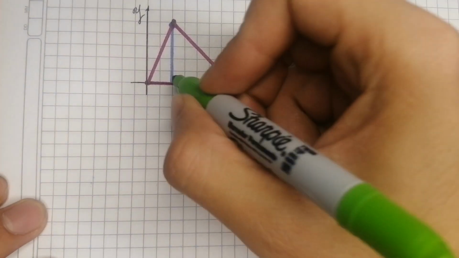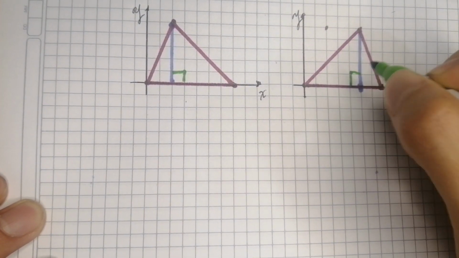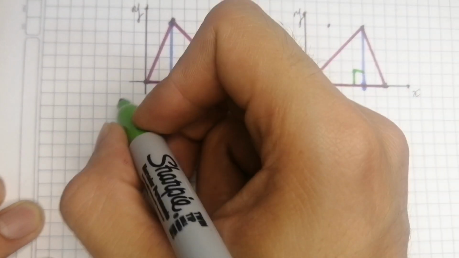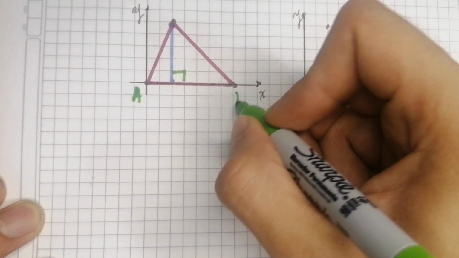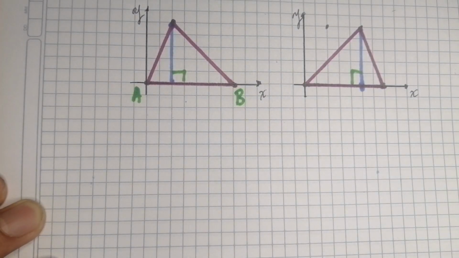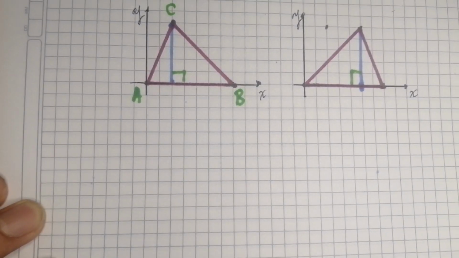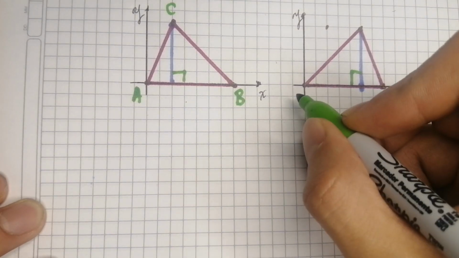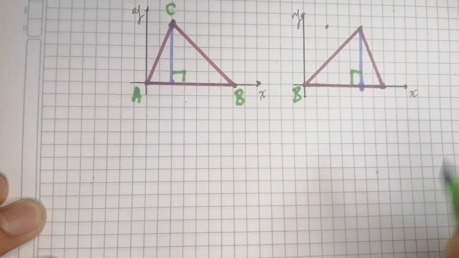Now, some labeling. This is going to be our right triangle here, and this one is also another right triangle. We are going to start with this one. This angle here is going to be called A. This one we are going to call B. This one is going to be our angle B, and this one is going to be C, capital C. Remember that. And now, as this is a mirrored image, this point here represents this one here, so I'm going to write a B in this position.